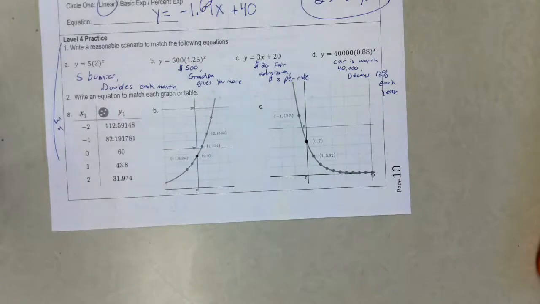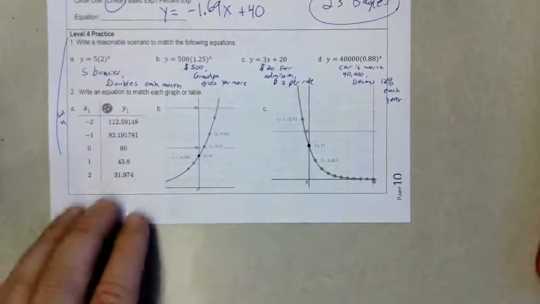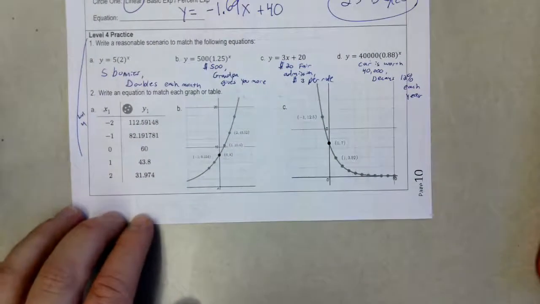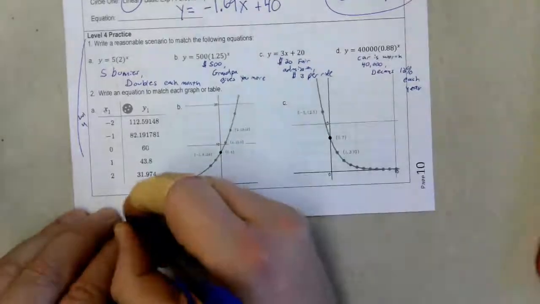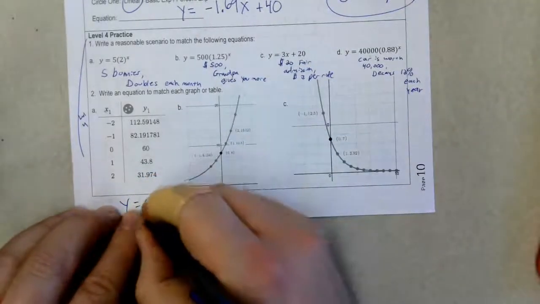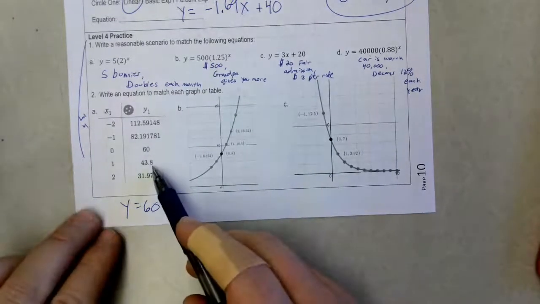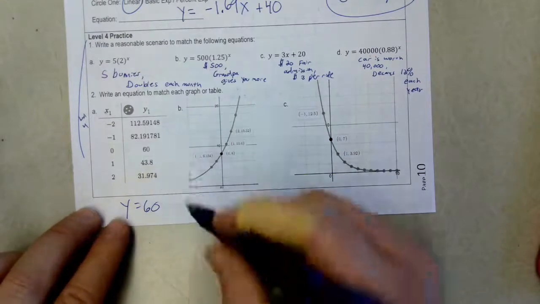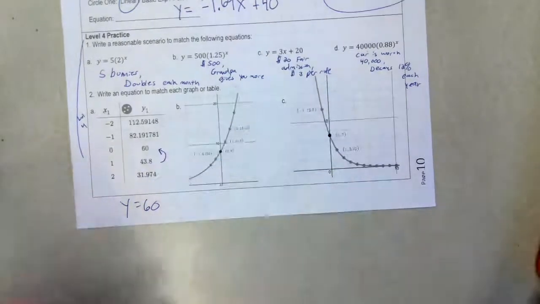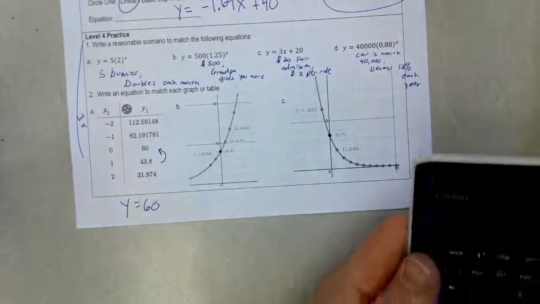And for here, we are just writing exponential equations based on our graphs. So here, they're all exponential, so I have y equals 60 as my starting point. Now what I have to do is take one of my y values, it doesn't matter which one, and divide it by the one before it. All right, so let's take 43.8.